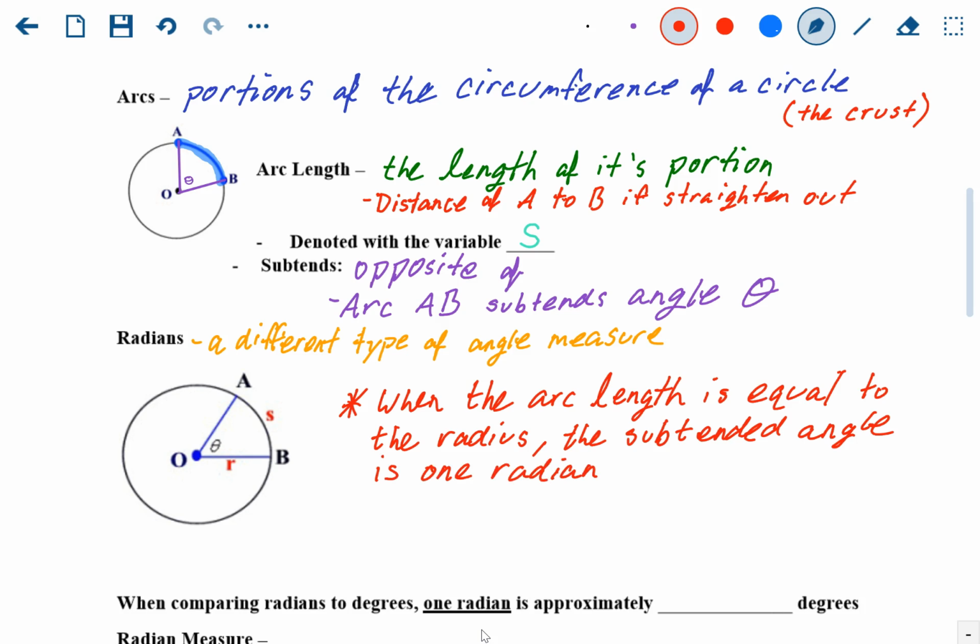So again, a radian is a measurement for an angle, and 1 radian is when the radius and the arc length are the same. Another way: if S, which is arc length, equals R, which is radius, then theta, your angle, is 1 radian.